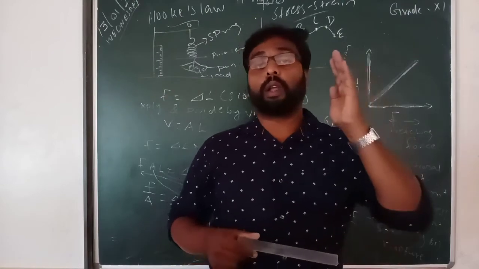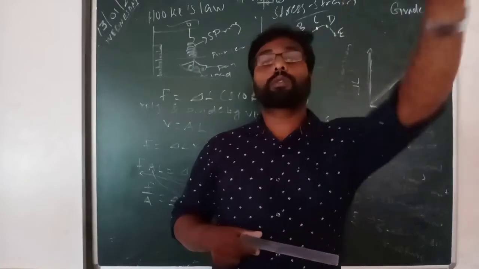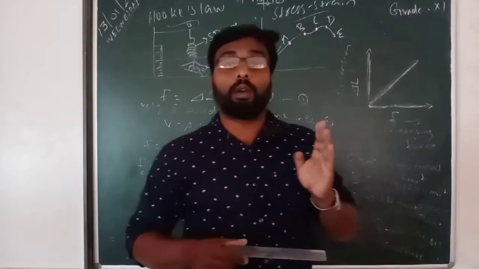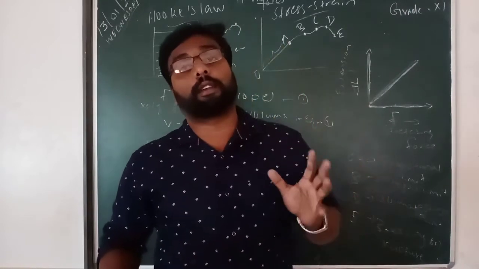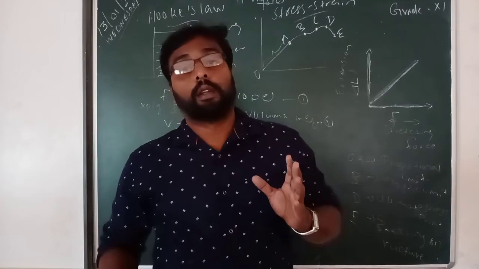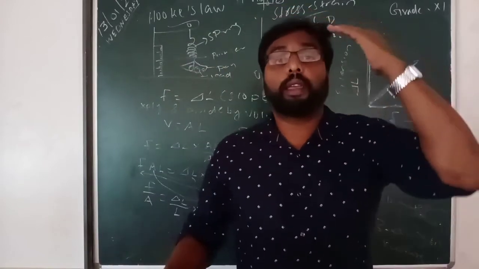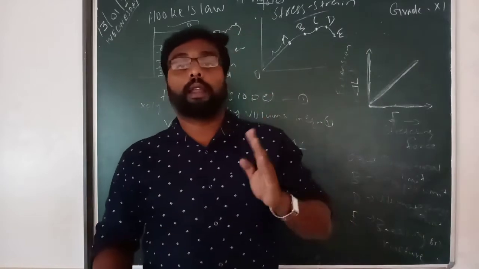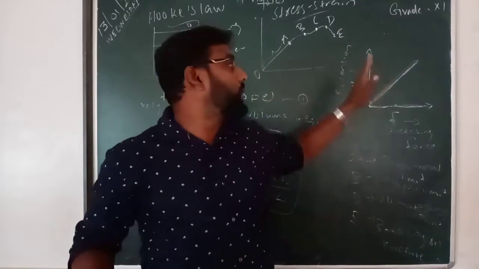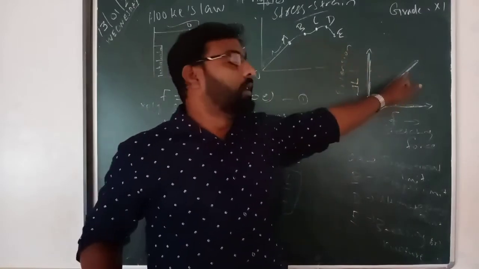So until the point A, Hooke's law is obeyed. What is Hooke's law? For small deformation, strain and stress are directly proportional to each other. So until the point A, Hooke's law is valid. We can apply Hooke's law until this point A.